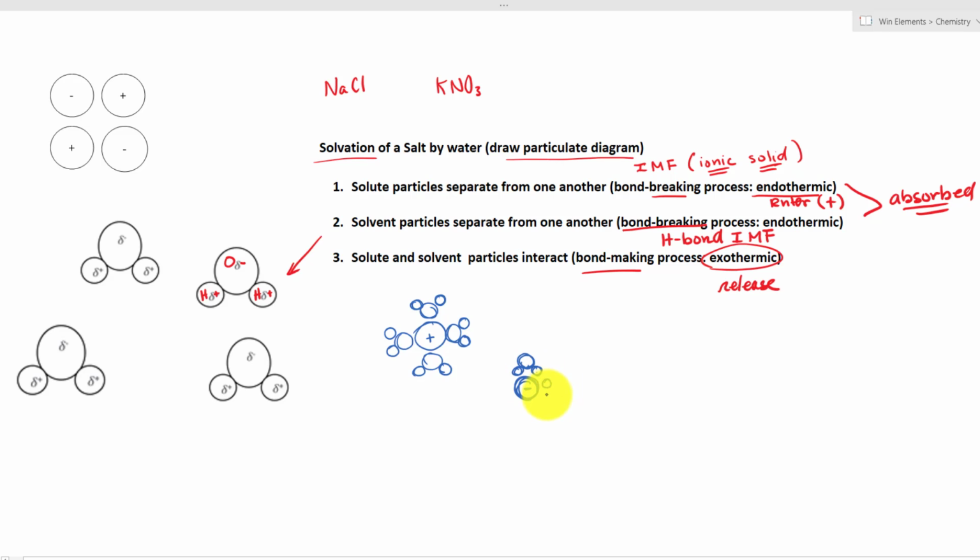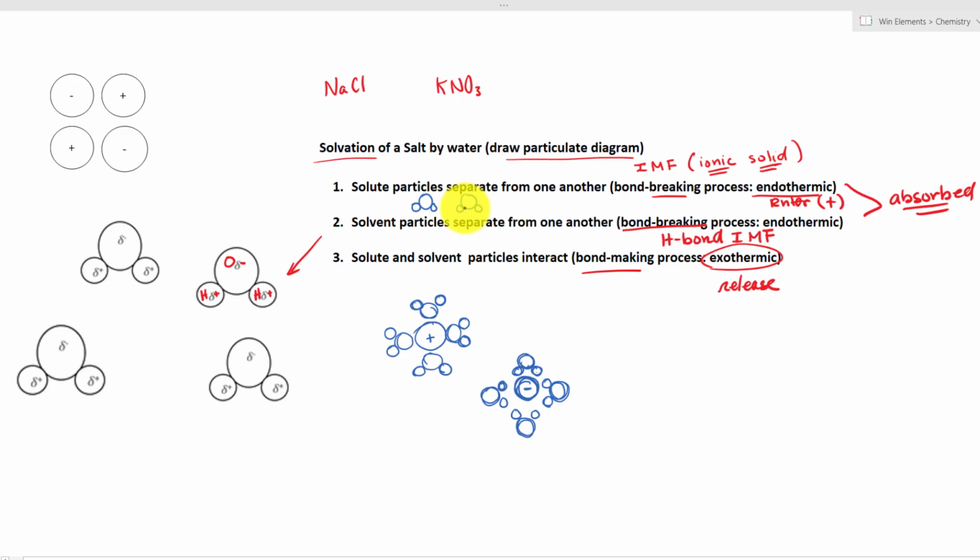And the same thing over here. So in 4 areas, surrounding the salt's ions. And that is all you have to do. If it's asking you to draw step 2 where you break into ions, just draw separate water molecules, just like this.